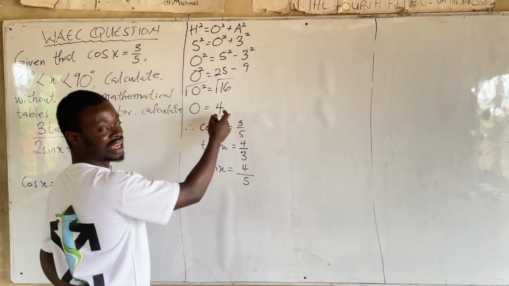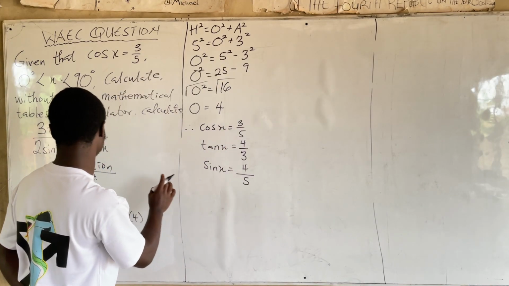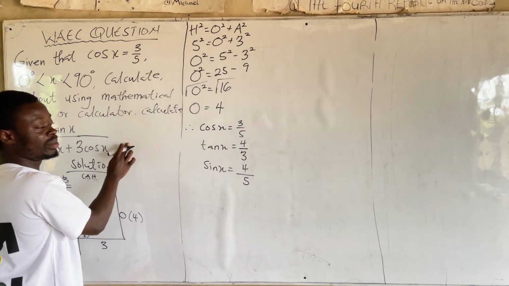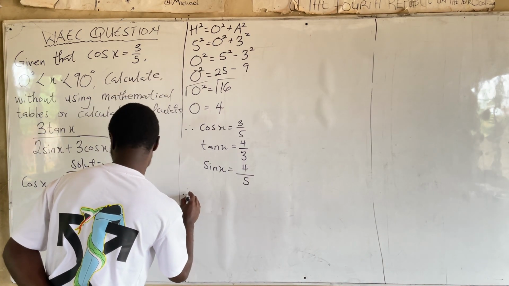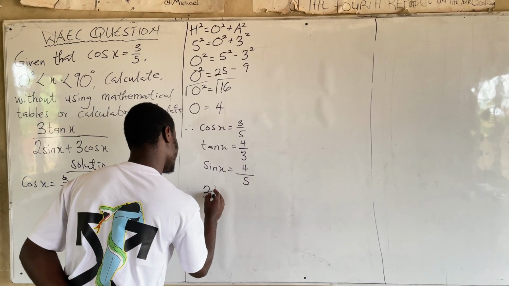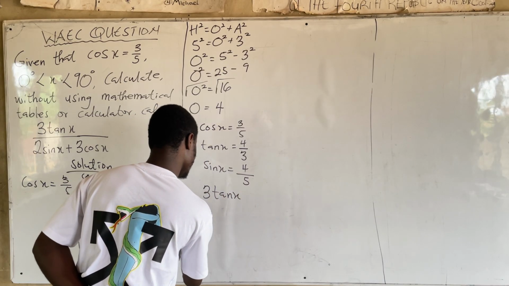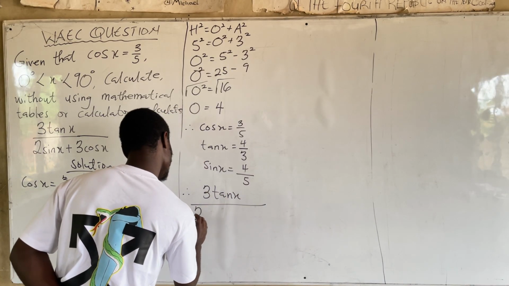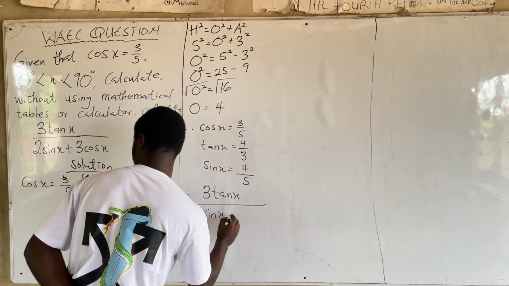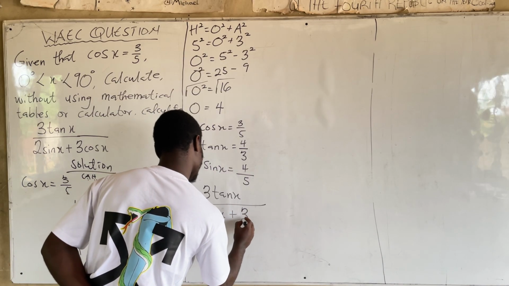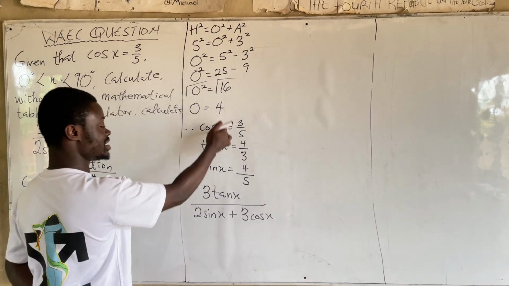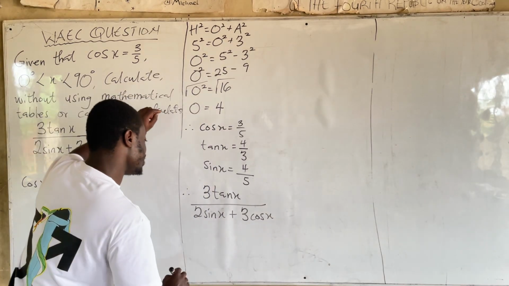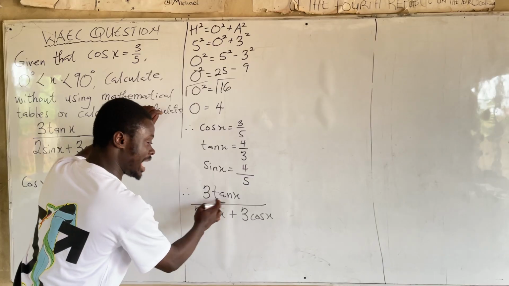Now since we have the values, let's substitute them into this formula and find what we are supposed to find. So we have 3 tan x over 2 sin x plus 3 cos x. Let's substitute this information. 3 tan x means 3 times tan x.